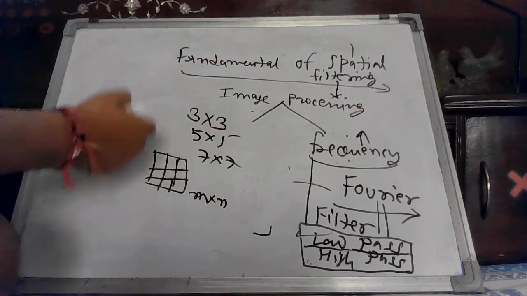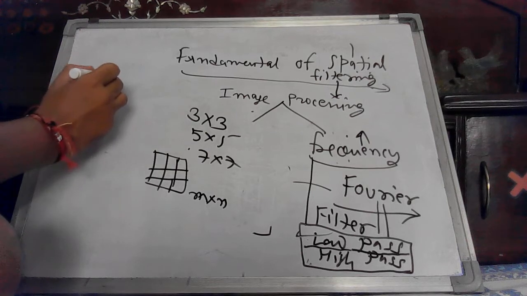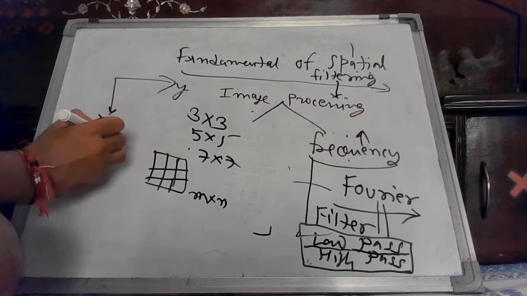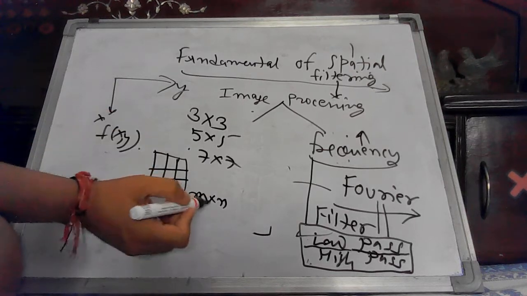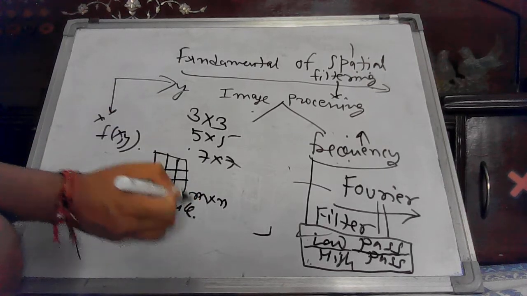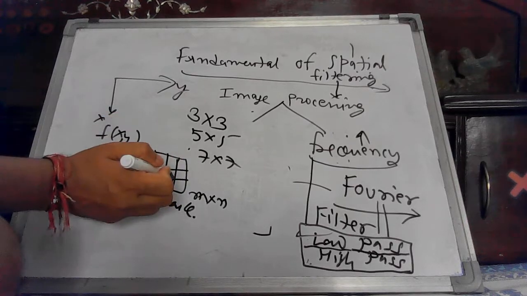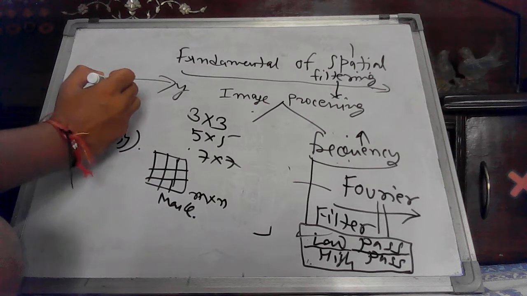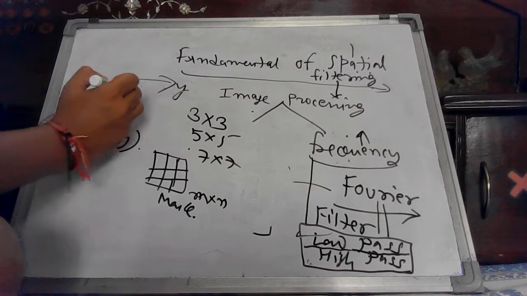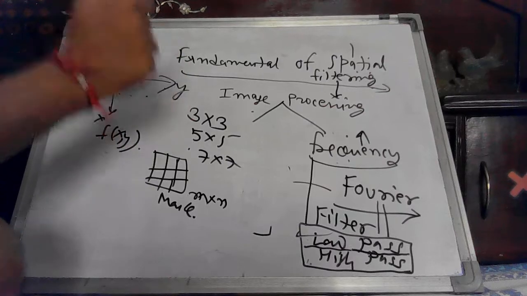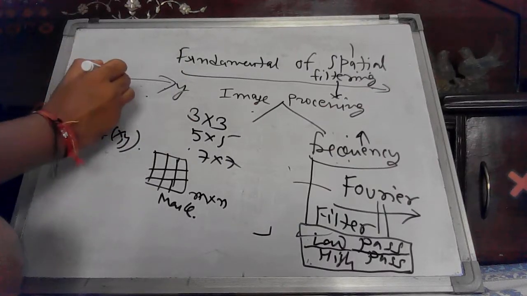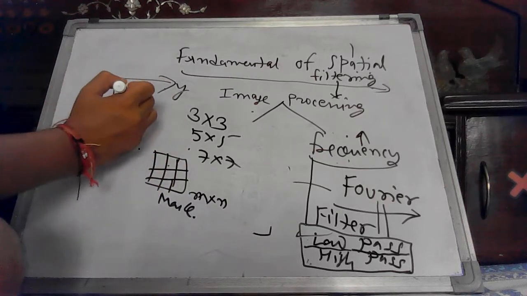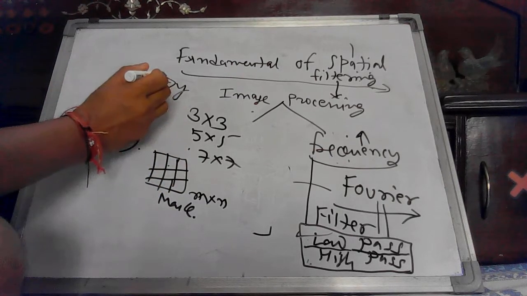Now we will see how to use a mask along with my image in the XY plane. My image f(x,y) will be processed through the mask, and by operating this mask coinciding with the image plane, I will process each and every pixel, not directly looking at the value of a particular pixel, but based on the mask coinciding with its neighbors.